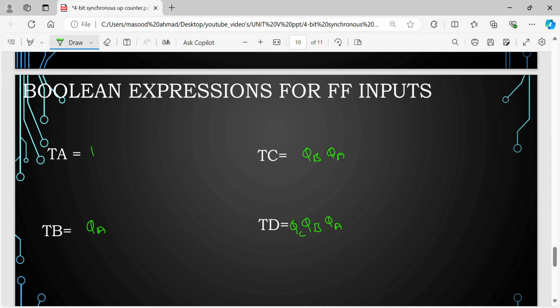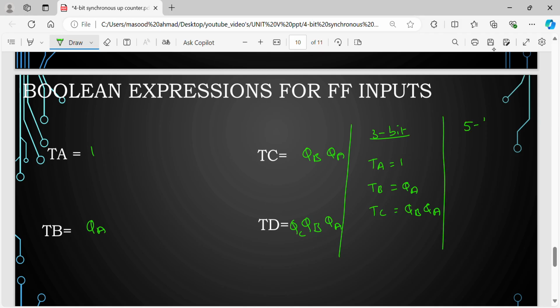If you go for a 5-bit synchronous up counter, how exactly will it be? This is for 4-bit. For 3-bit, what exactly did we get? TA is 1, TB is QA, TC is QB QA.